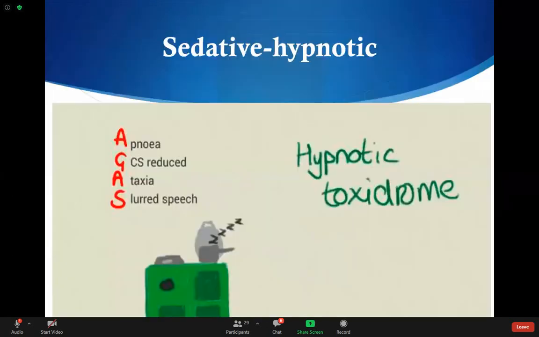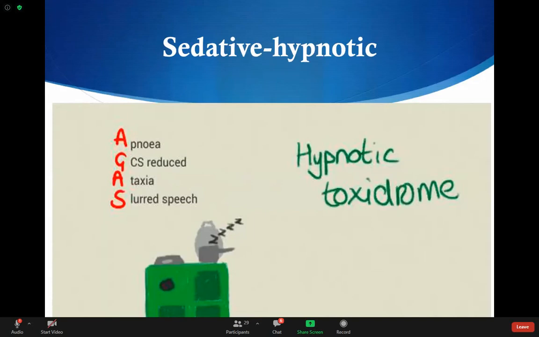All right. Sedative hypnotics: these are alcohol, benzodiazepines, and many of the antidepressants and antipsychotics can give you a sedation effect, like olanzapine, for example, Seroquel or quetiapine. So these are sedatives.